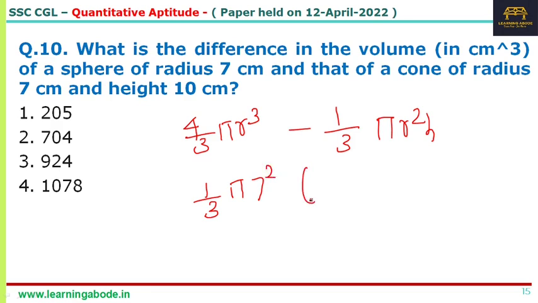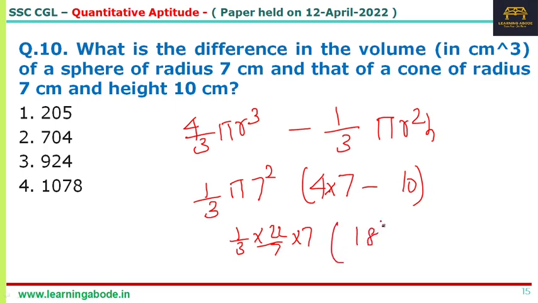What is left here is 4 times r, which is 4 into 7, minus the height, 10. So we have 1 by 3 into 22 by 7 into 7 into 28 minus 10, which is 18. The 7 and 7 get cancelled. 3 into 18 is 6.